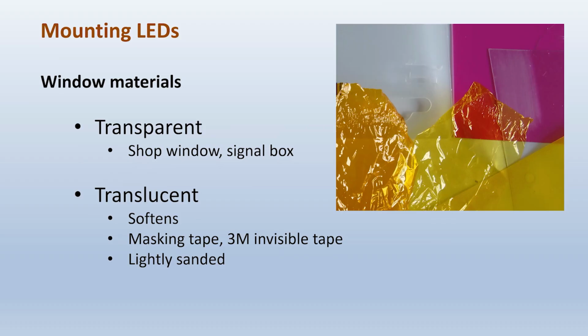Paper off sweets, the wrappers, or masking tape works well, invisible tape works well. Or if you have to use perspex, then you can lightly sand it so you get an opaque light from those windows. It depends on whether you want to see the contents of that building or not.